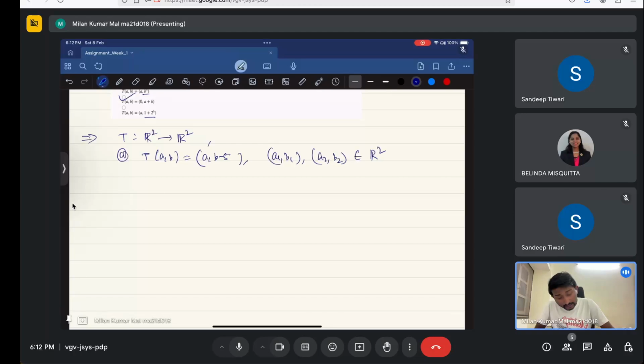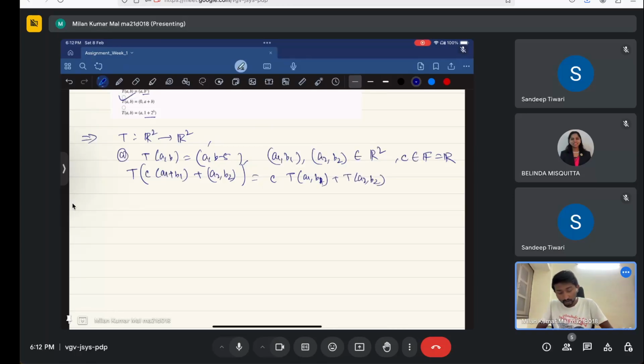So let's consider another scalar element c coming from the field F, that is actually R. In that case, T(c(a1, b1) + (a2, b2)), what will this be? To form a vector space, we should have this one, right?